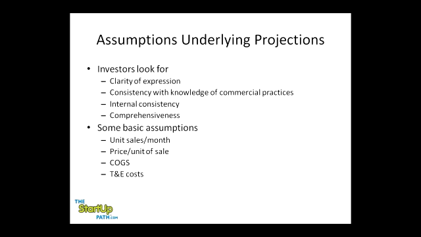So you really have to have some knowledge of commercial practices and make sure that your numbers are fairly consistent with that, and to the extent that they are not consistent with industry or commercial practices, then in fact you have a very good explanation for why that is so.